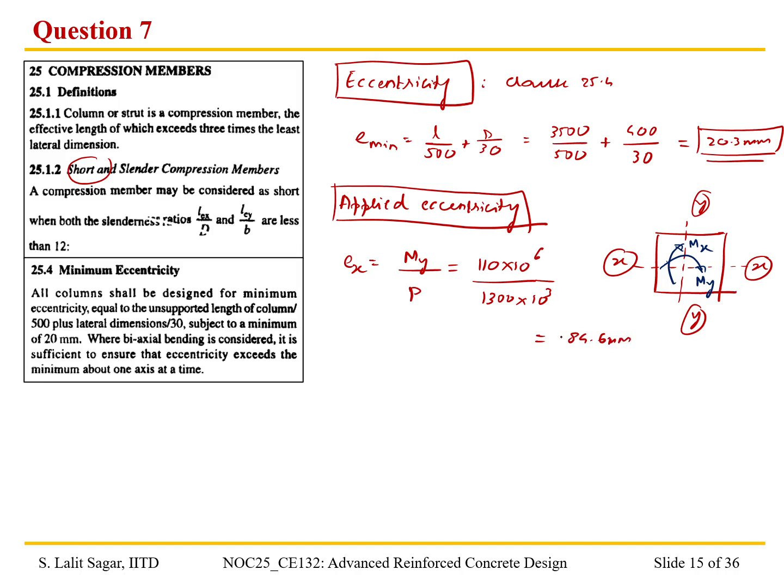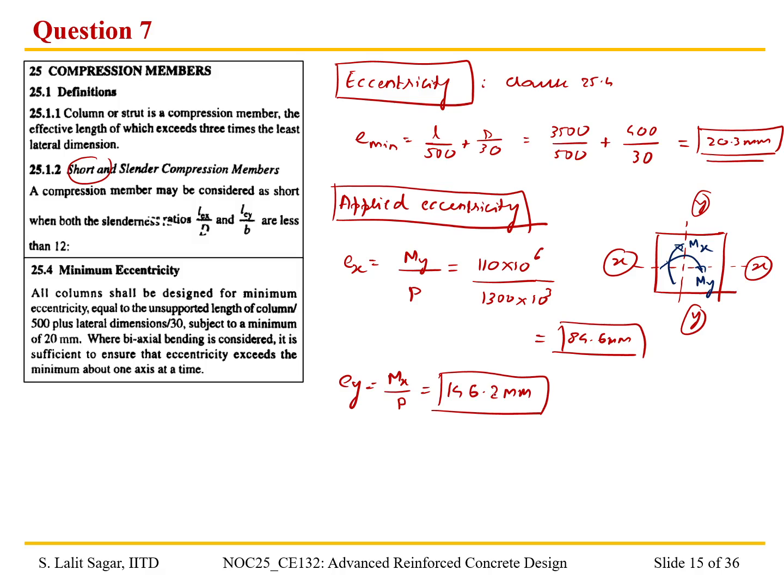Now let us find out the eccentricity along the y-axis. Along the y-axis, it is Mux divided by P, that is 190 kilonewton meter divided by 1300 kilonewton, which gives us a value of 146.2 mm.